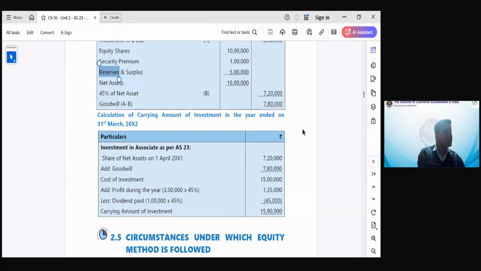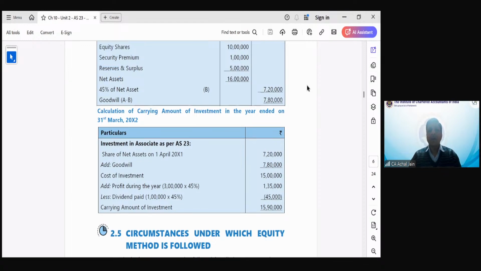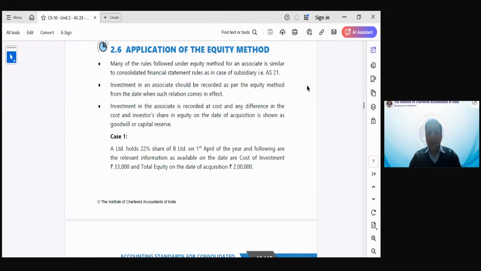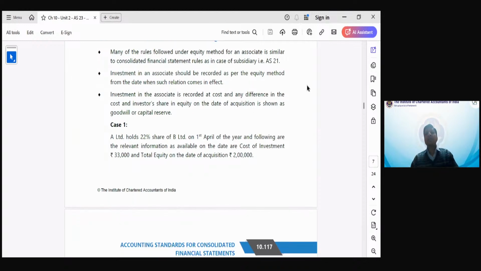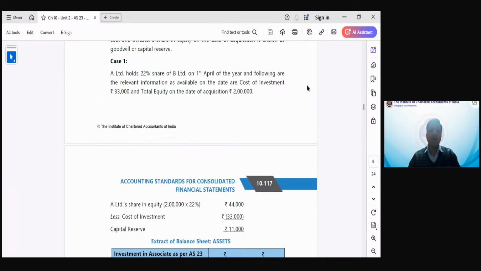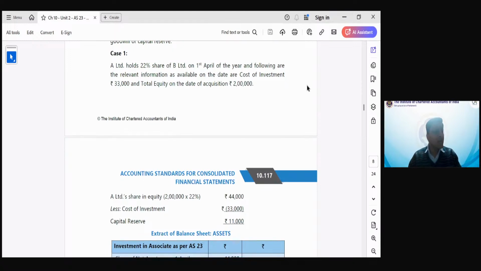So now there are a few more examples that we can look at in respect of equity method of accounting because this standard is not that comprehensive, something which we see in case of AS21. Okay, so now let's look at this small example. So this is case scenario one. Here again, our idea is to get onto the equity method of accounting.